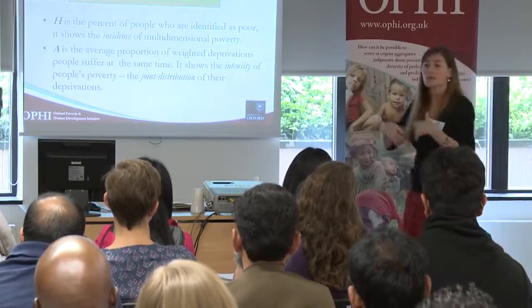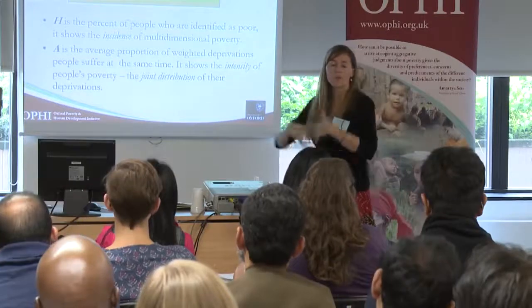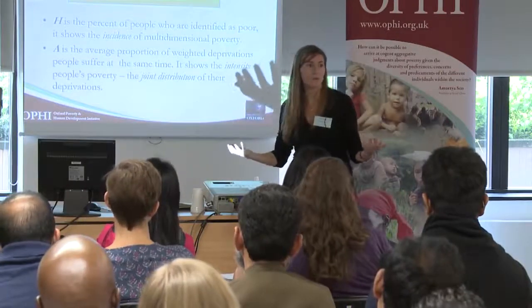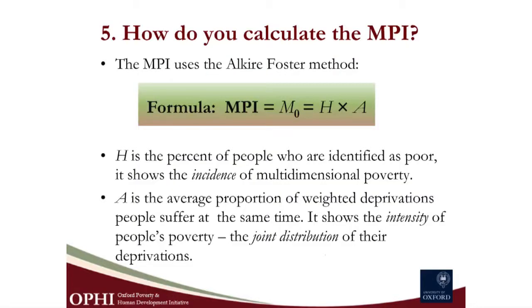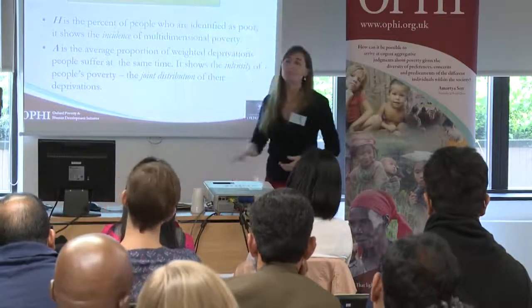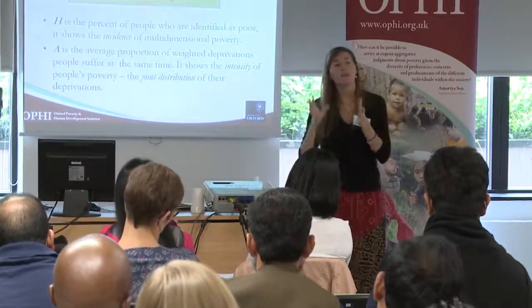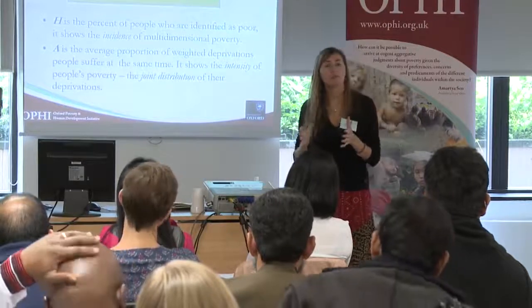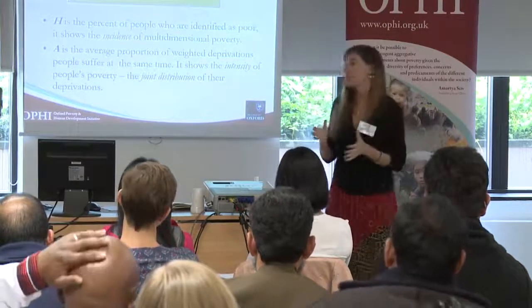So maybe 40% are MPI poor, so 40% are deprived in 33% or more of the weighted indicators. And this is H.